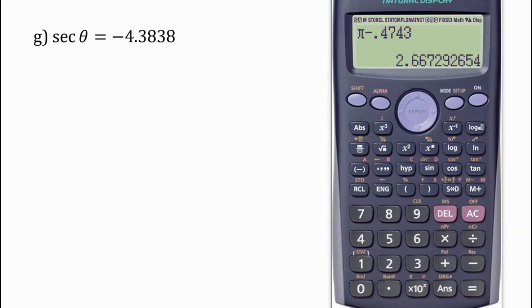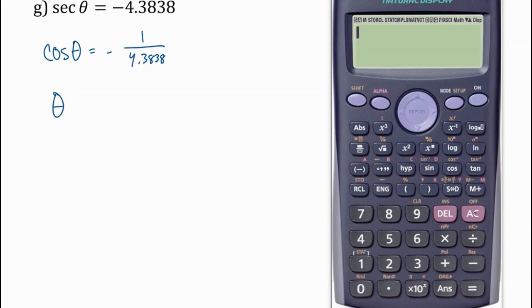Okay. Next one. Secant is the reciprocal of cosine again, right? We did that before. So cos theta is equal to negative 1 over 4.3838. So theta related.